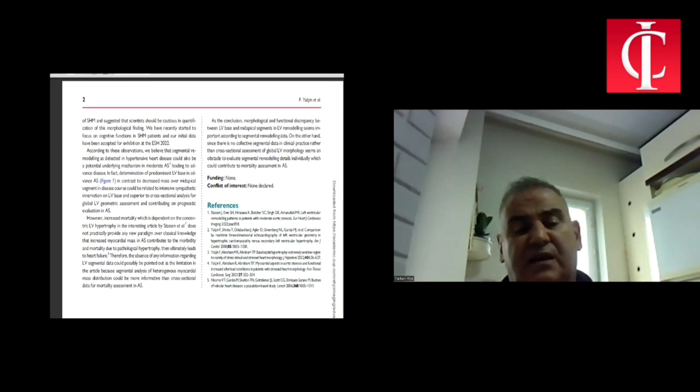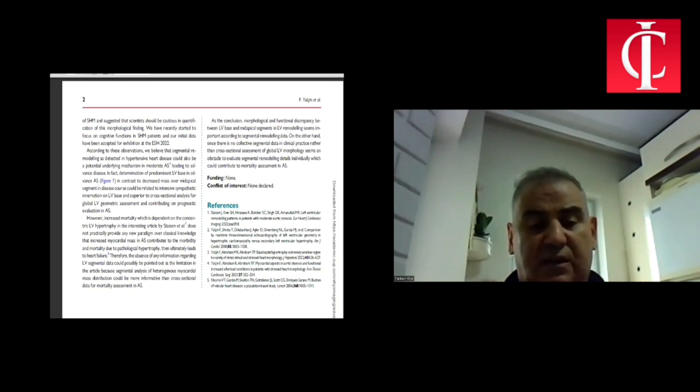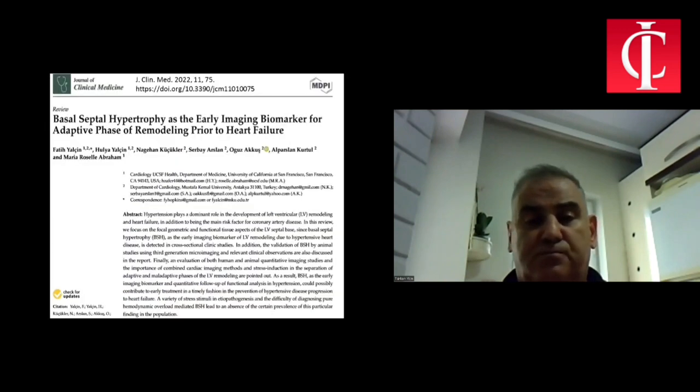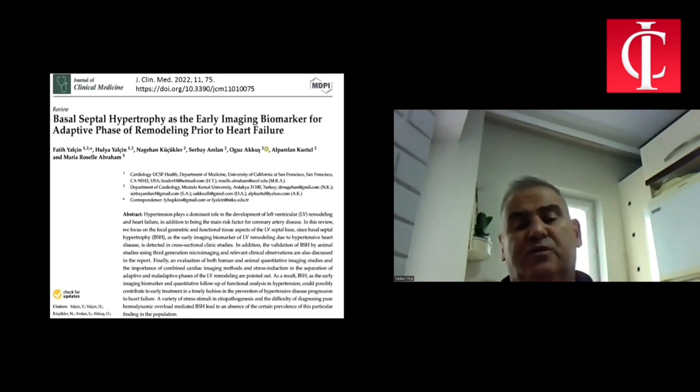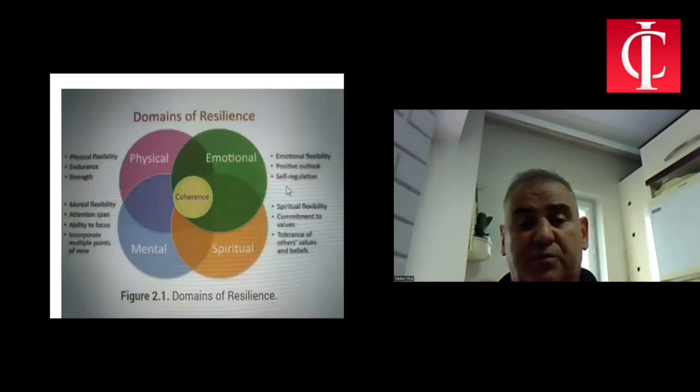And we criticized this multicentric study again, and we mentioned that this is not enough, and we again suggested to have collective segmental data around the world. And we also mentioned that, because of the multiple geometric differences in human beings, it's hard to detect the real prevalence of this particular finding.